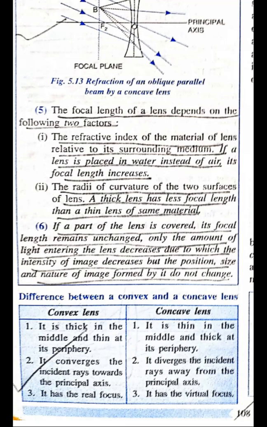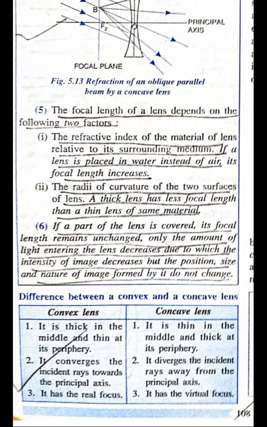Only the amount of light entering the lens decreases, due to which the intensity of the image decreases, but the position, size, and the nature of the image formed by it do not change. All the things will remain the same. Just the amount of light, the intensity or the brightness of the image, will change.